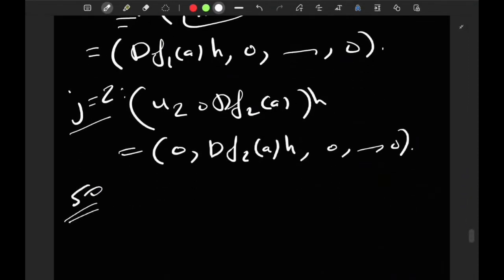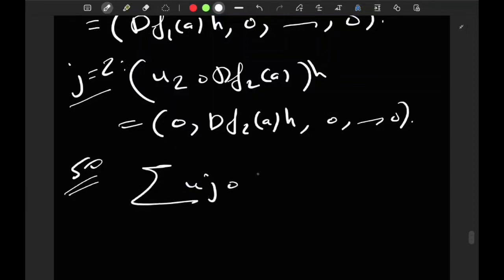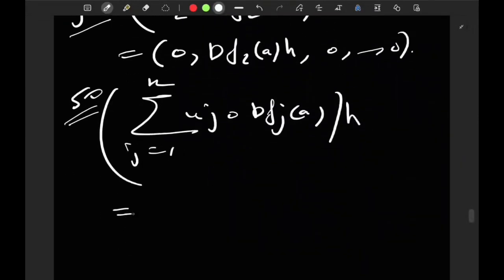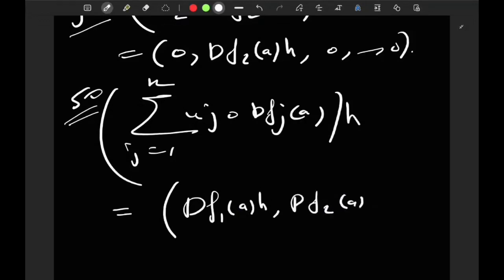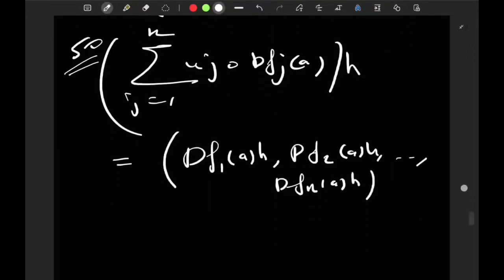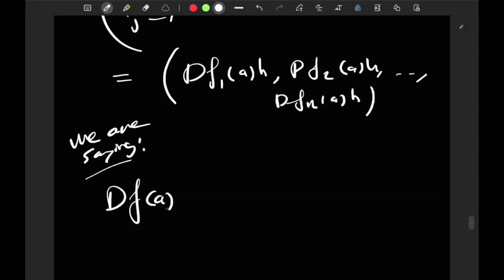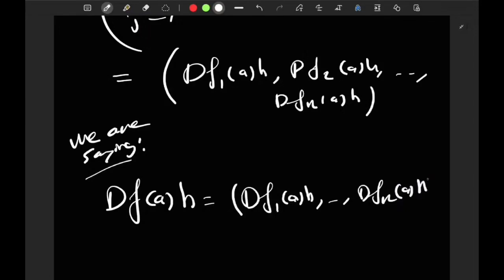And so if you are looking at the sum of the uj composed with dfj at a, j equal 1 up to k, and you are applying this to some h, you are looking literally at df1 at a h, df2 at a h, and so on up to dfk at a h. So we are saying that the derivative of f at a applied to h is just df1 at a applied to h up till dfk at a applied to h.